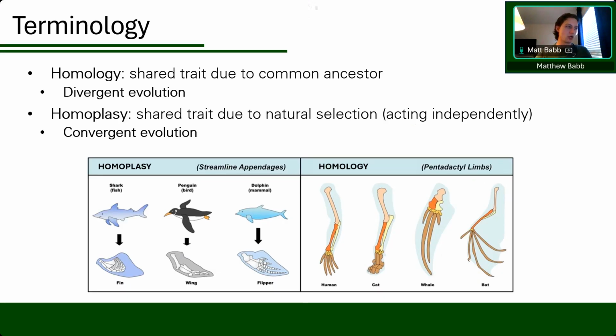And similarly with sharks, which are a type of fish, they did not have this development because they shared a common ancestor with penguins or with dolphins that also had a fin, but instead they had it because it was advantageous through their evolutionary trajectory to be able to have fins that help propel them in water.